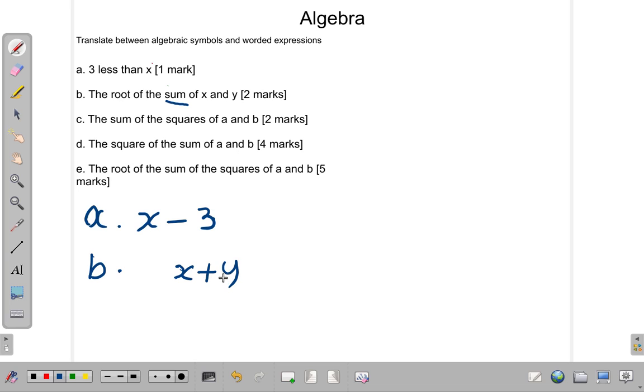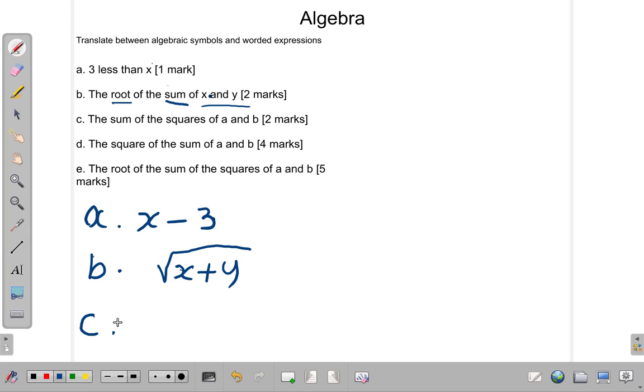Now what about it? You're looking at the root. When you say root, you're talking about the square root. So it's the square root of the sum of x and y. So if you did that, you can give yourself 2 marks.